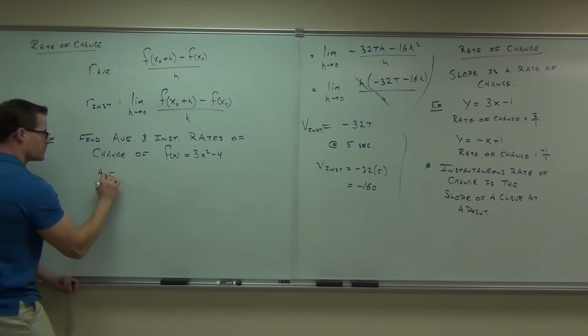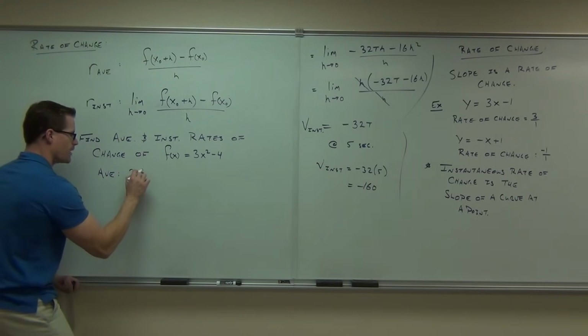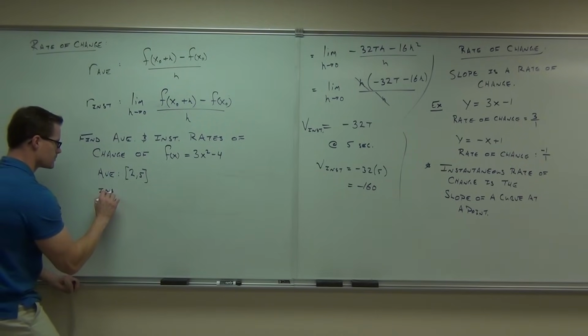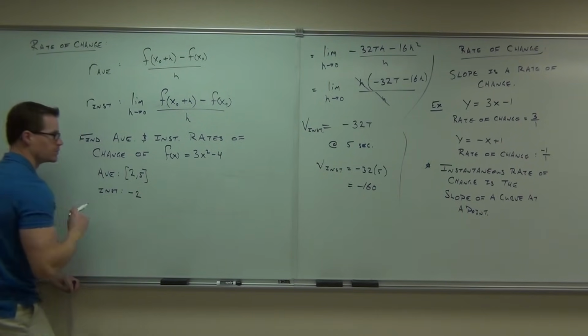The average, I'd like that over 2 comma 5. And the instantaneous at a point of -2.